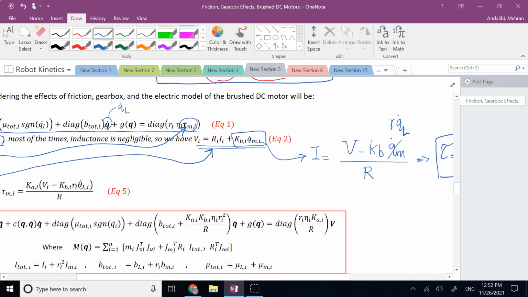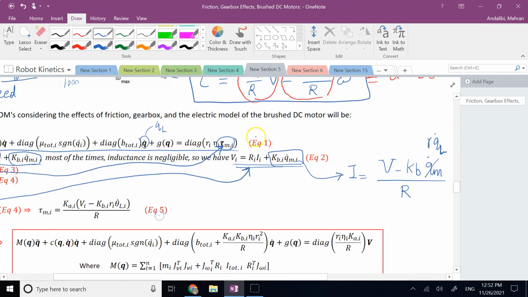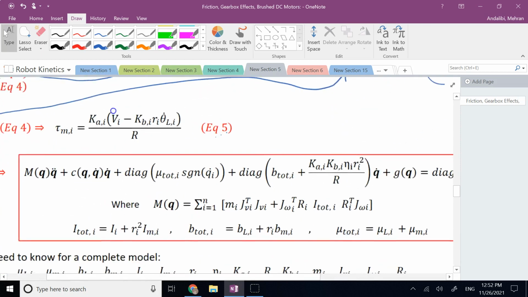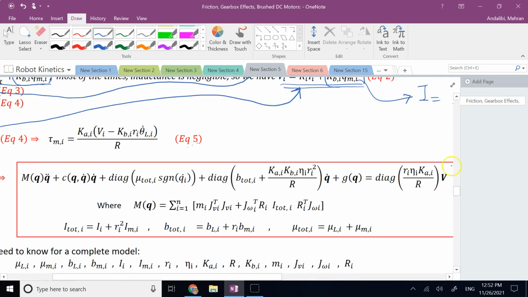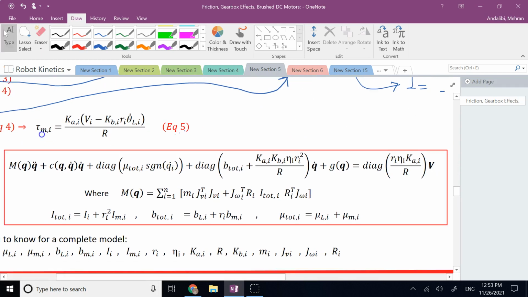And then once I have this torque, I'm going to plug this 5 into 1 and get rid of the torque. If you do so, you are going to get this equation inside the red box.